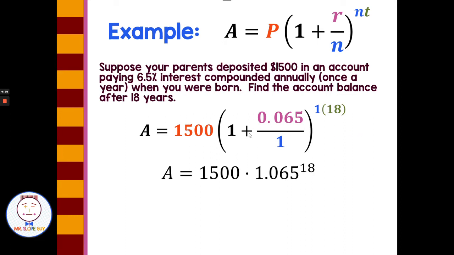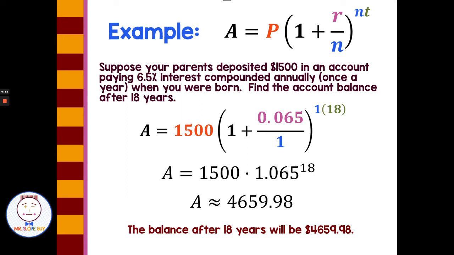So we have 1 plus 0.065. 1 times 18 is 18. Now, calculator is going to be super handy for this because you can put in 1.065 to the 18th power equals times 1,500. And you'll get that you would have $4,659.98 after 18 years.